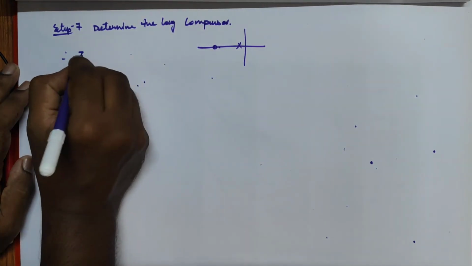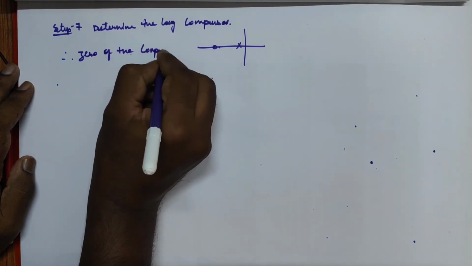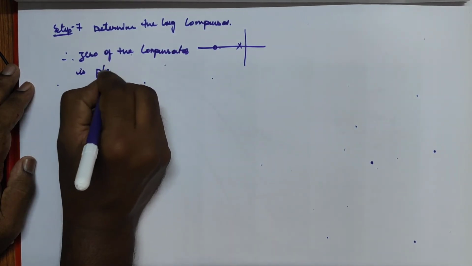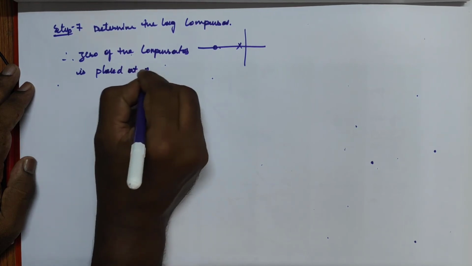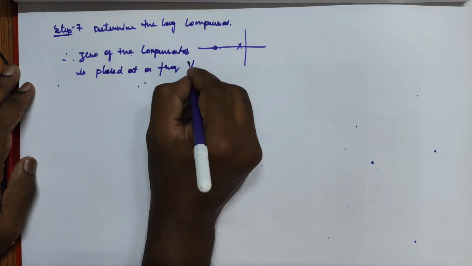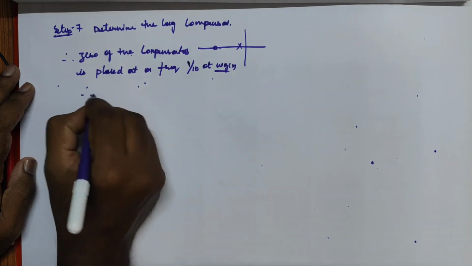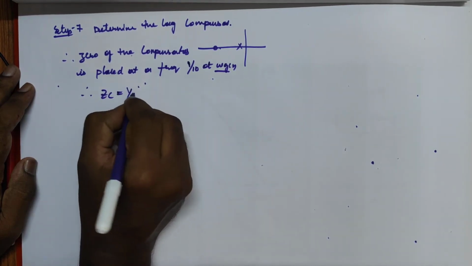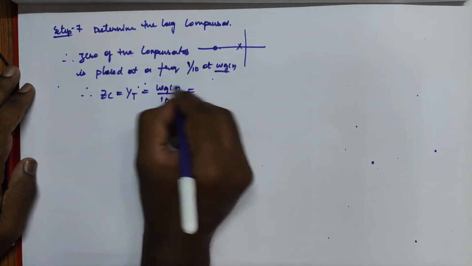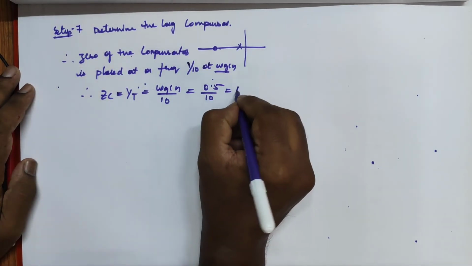The zero of the compensator is placed at a frequency 1/10 of omega GCN. So ZC equal to 1 by T, that is omega GCN by 10. So omega GCN is 0.5, divided by 10. So we obtain the compensator zero at 0.05.